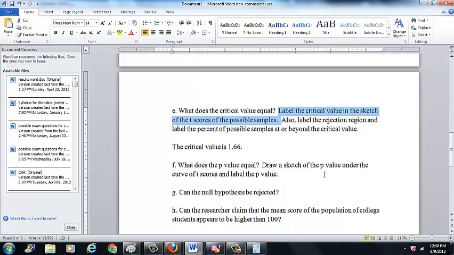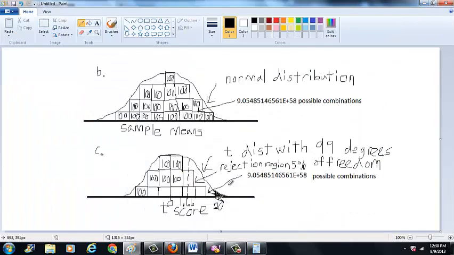Draw a sketch of the p-value. We just shaded it, so we have a sketch. Label the p-value. You can say that this is the p-value with an arrow pointing to it.